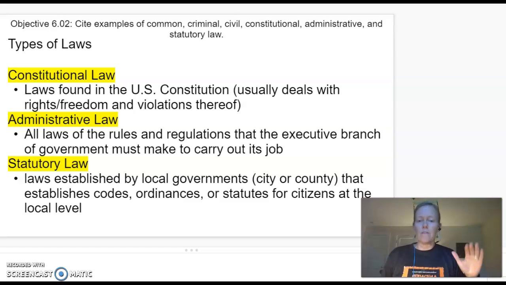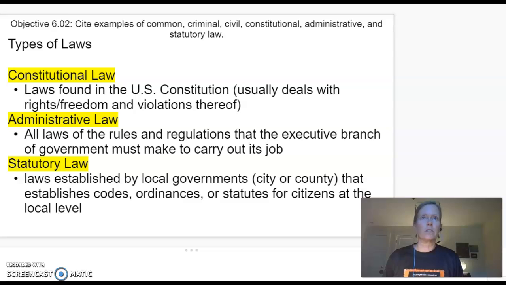The EPA, for example, the Environmental Protection Agency, is an executive branch agency. The EPA has laws that factories can't pollute X amount, or they have to dispose of waste in a certain way. If they're in violation of that, that's really where this goes under the umbrella of administrative law. Okay, some of those things could end up in civil court, but administrative law is like the making of these type of things.